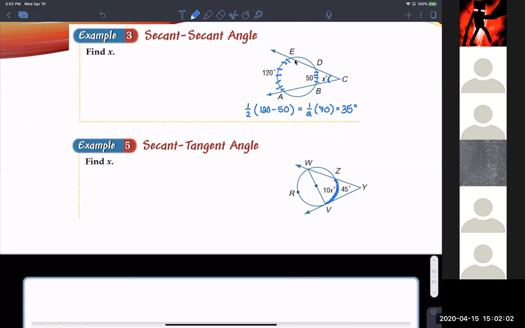Well, remember the small angle y is equal to 1/2 times the big arc minus the small arc. Okay, so the big arc is half a circle, so it's 180 minus the small arc, which is 10x. We know angle y is 45 degrees.